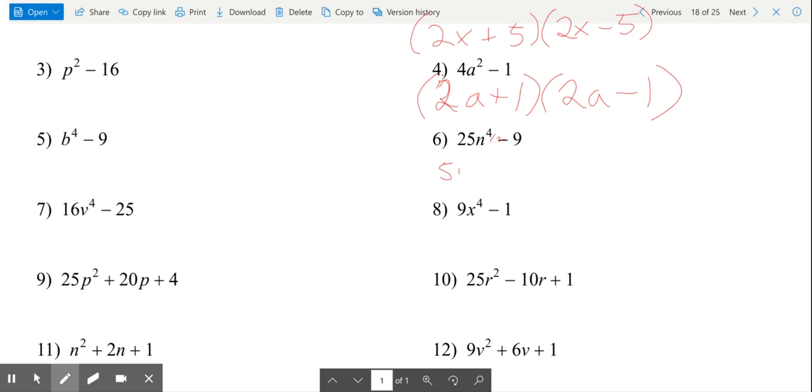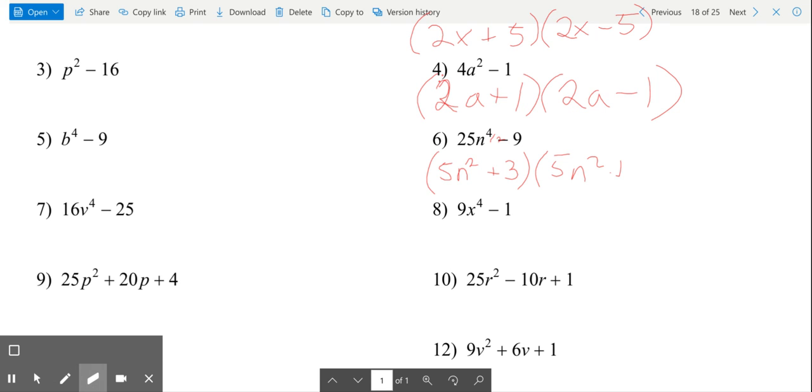So 5n squared plus square root of 9 is 3. Sorry, I already did plus. It's supposed to be minus. 5n minus 3. So that's really all there is to factoring difference of squares.